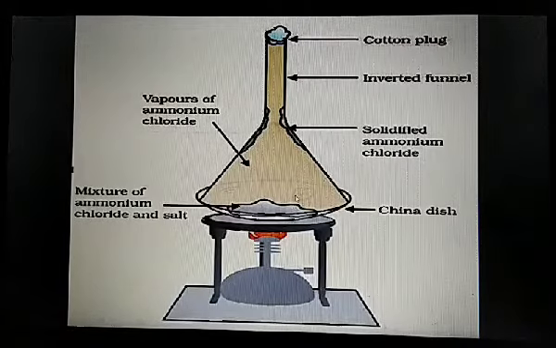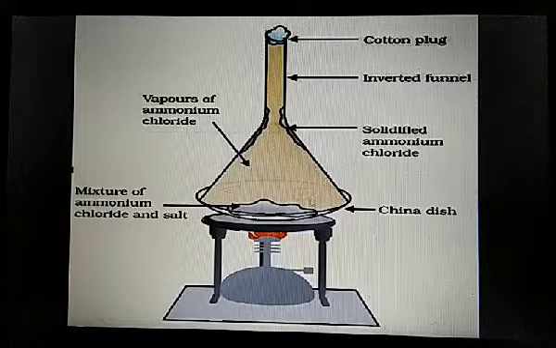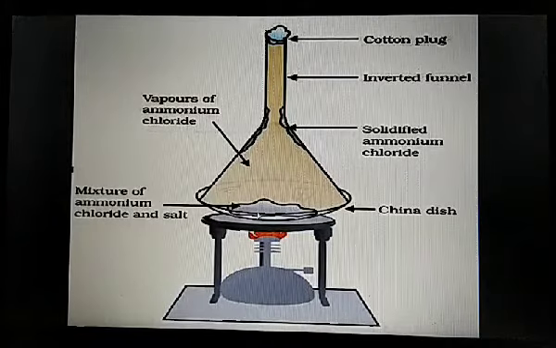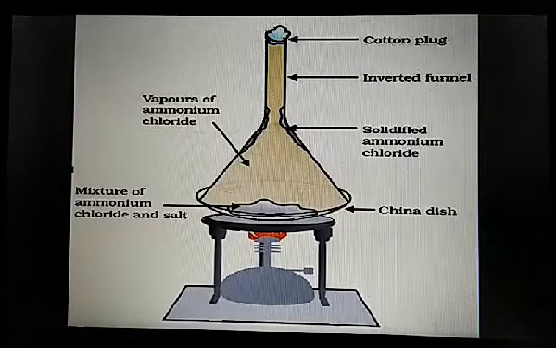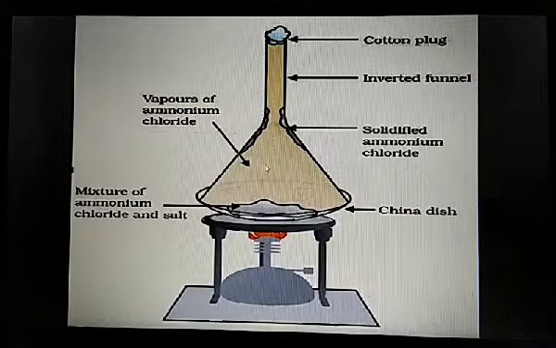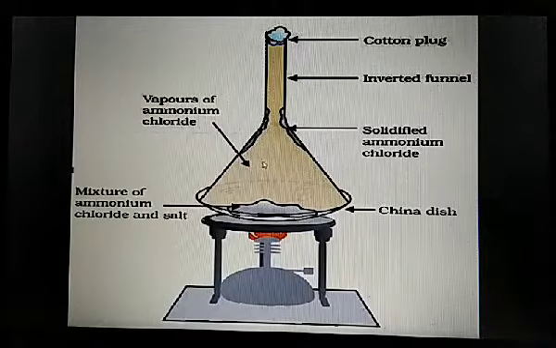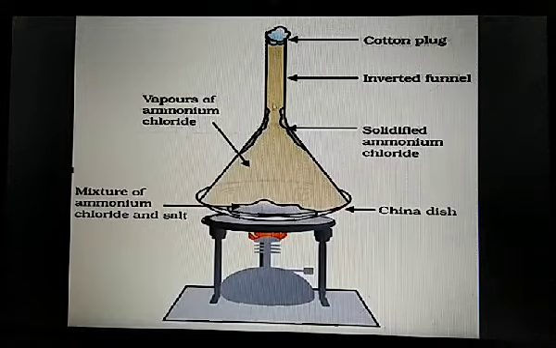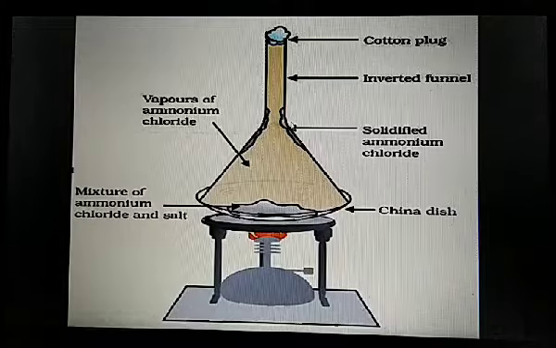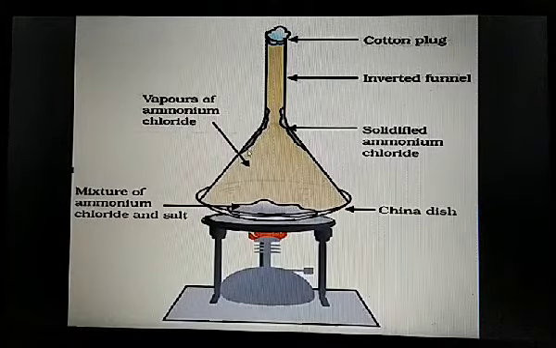So when this mixture is taken and this funnel is put over the china dish, when you start heating it, because of the heat, ammonium chloride sublimes on heating. First it will get converted into ammonium chloride vapors, and these vapors will start rising up. Since there is no outlet to move out, on coming in contact with the colder surface of this inverted funnel, they'll start depositing here.